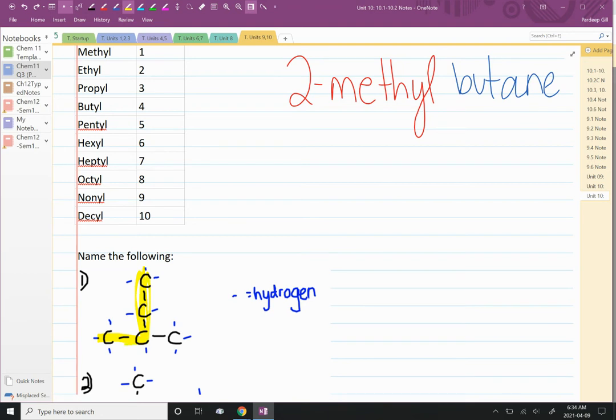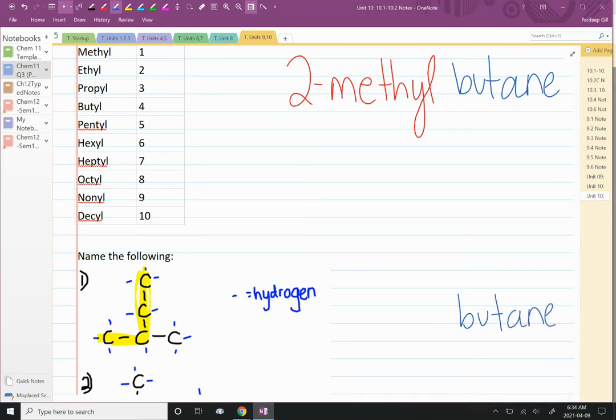So you want the longest possible chain, and you have to understand that these straight chain alkanes can be rotated around. So they can be twisted and rotated around in cells and in your body and everywhere. So you sometimes have to take some time to figure out what the longest chain is. So here we have a 1, 2, 3, 4 carbon parent chain, and we know it's butane.